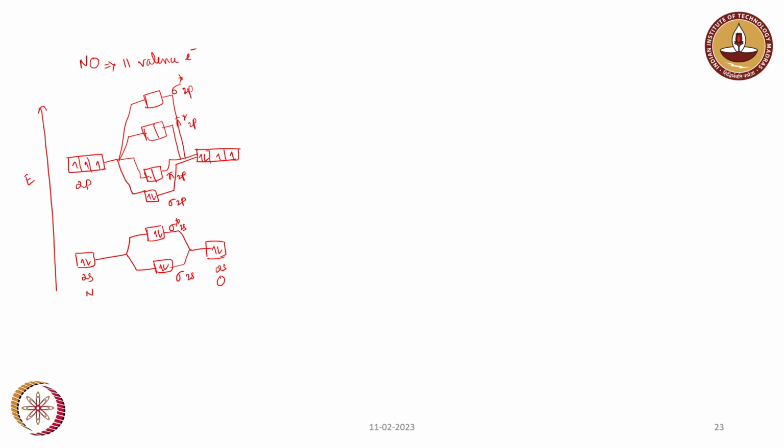So in sigma 2p, pi 2p, and 1 pi star. So the bond order will be 6 minus 1 by 2, 2.5.